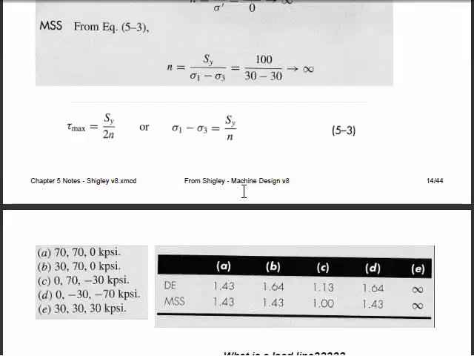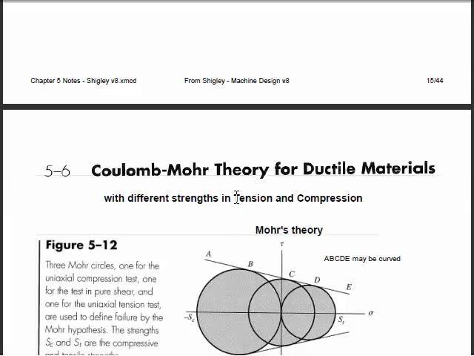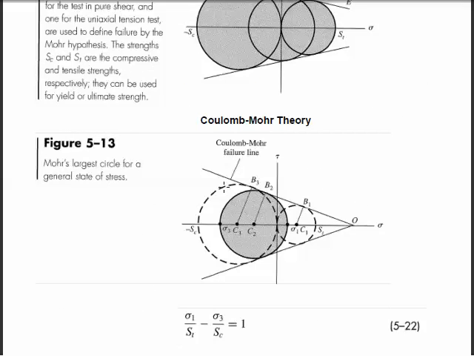Let's move on to our final theory, which is the Coulomb theory, which says we have material properties in which we have a compressive yield over here different than yield in tension, and this one certainly is negative, but it's probably going to be a larger number than this number.